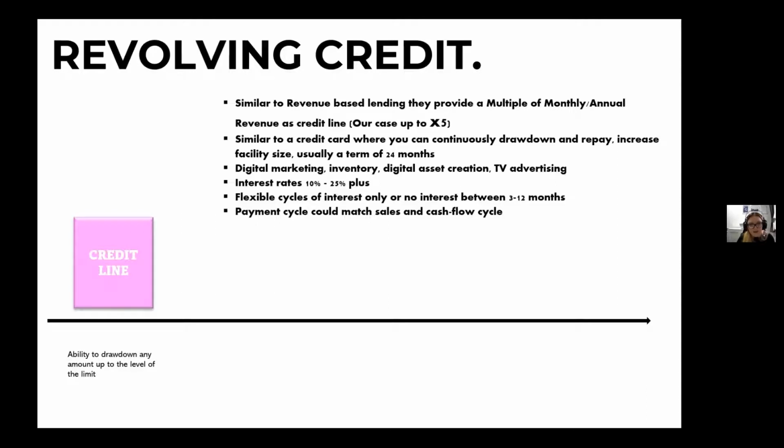Unlike revenue-based lending, the multiple is substantially higher, which means the facility size compared to revenue lending can be quite substantial. A company with 50,000 of revenue maybe gets 100,000 on revenue-based lending because it's seen as a short-term product.